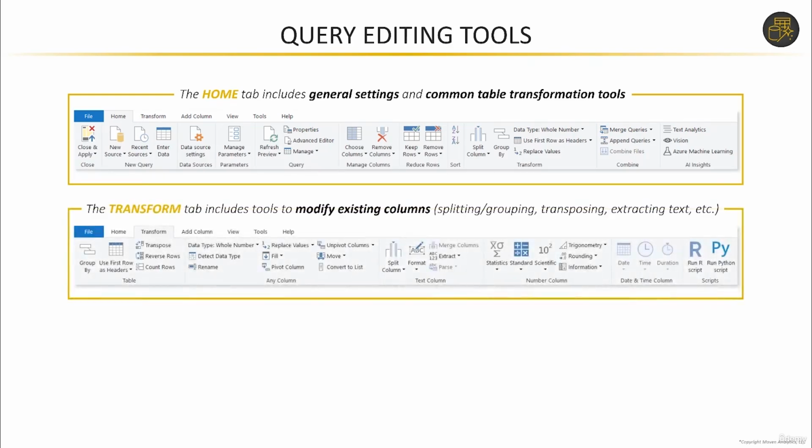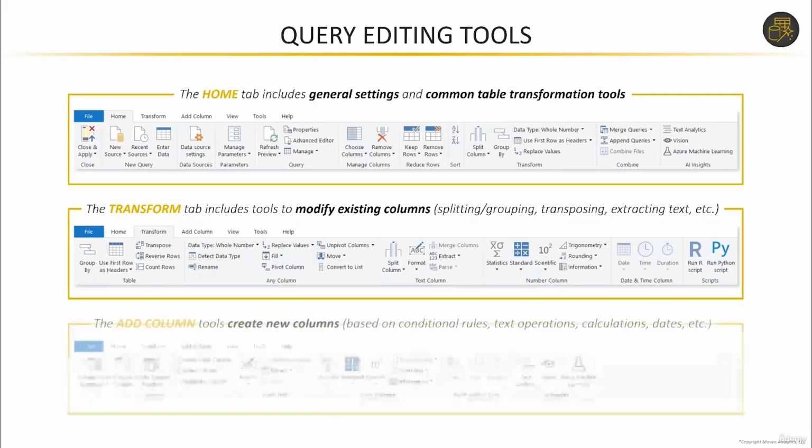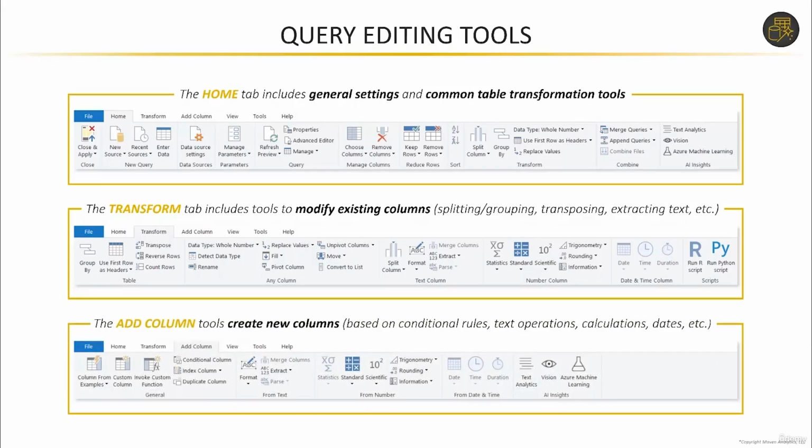The next tab, the Transform tab, includes additional tools that allow you to modify your existing columns. You can split or group columns, you can transpose your table, extract text, and much more. And then finally, the Add Column tools actually create brand new columns within your table, and you can define those new columns based on things like conditional rules, text operations, calculations, data operators, etc.